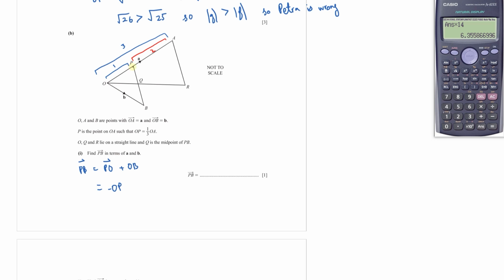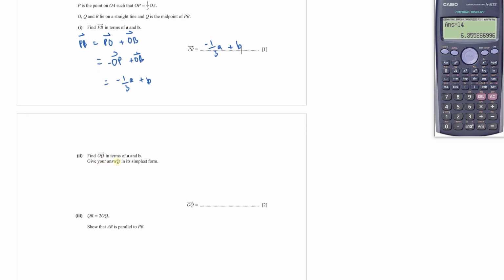OP in this direction, so PO will be minus OP plus the same vector OB here. And then I know that OP is 1 by 3 times OA, so this will be minus 1 by 3 OA, which is this vector a, so minus 1 by 3 a plus OB, which is this vector b. So PB is minus 1 by 3 a plus b.